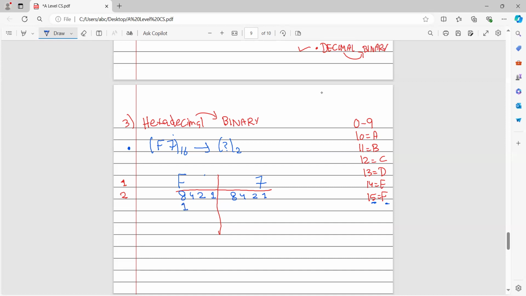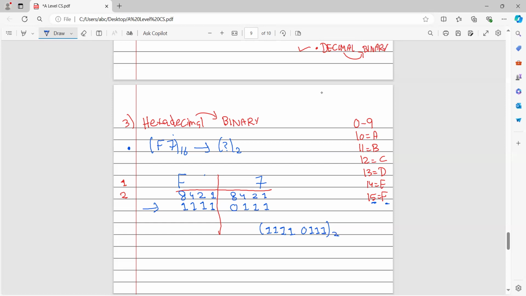So this is going to be 1, 1, 1, 1, because 8, 9, 10, 11, 12, 13, 14, 15. And for 7, I'm not going to consider this 8. This is going to be 0. This is going to be 4, 5, 6, 7. So you see that your final answer is right here, which is 1, 1, 1, 1, 0, 1, 1, 1 with base 2. Do you have any queries in this?